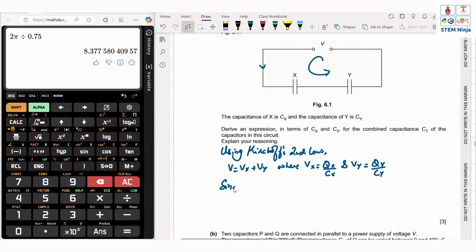Since it is a series circuit, Ix is equal to Iy, which would mean Qx is equal to Qy.